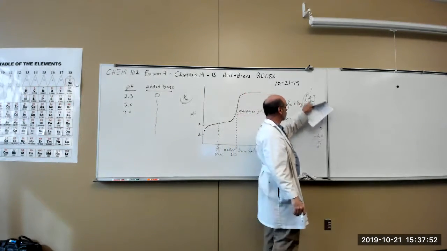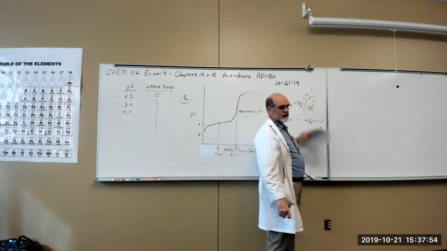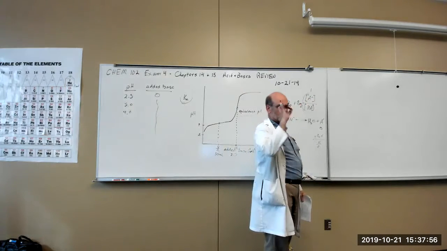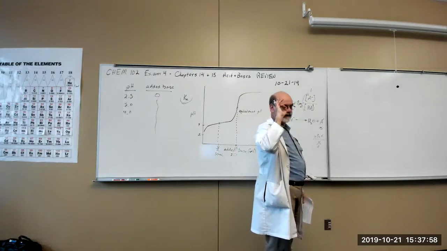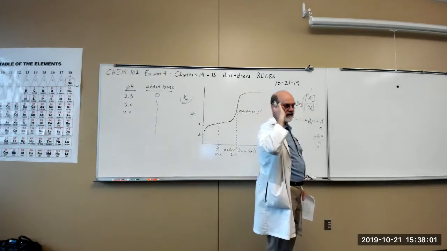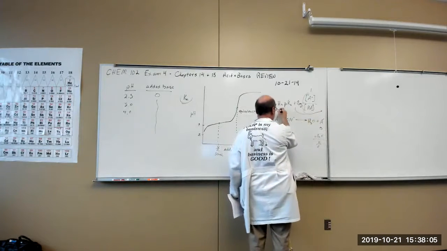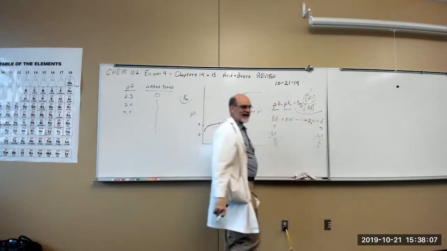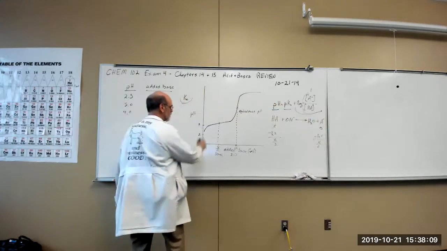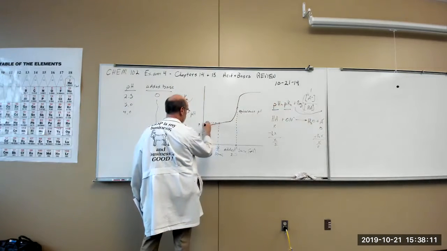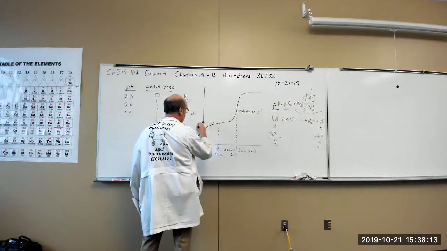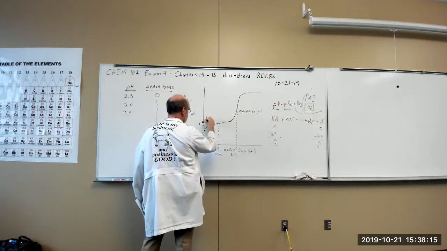If that's equal to that, this term is equal to 1, and what's the log of 1? 0. 10 to the 0 power is 1. So that means this one drops out, and at that point, pH is equal to pKa. So you just have to read across here.